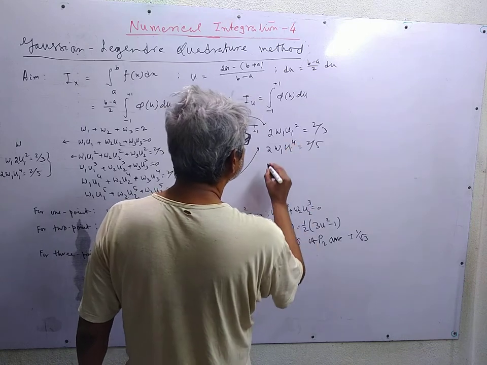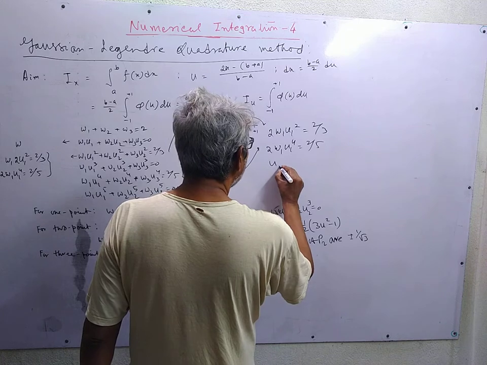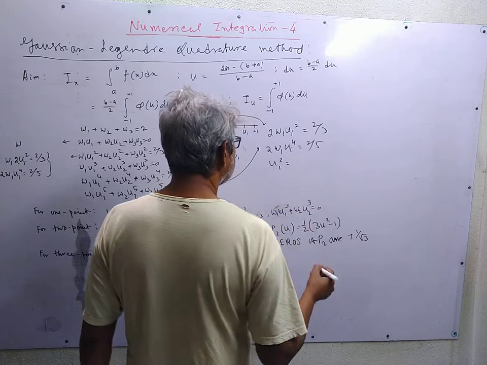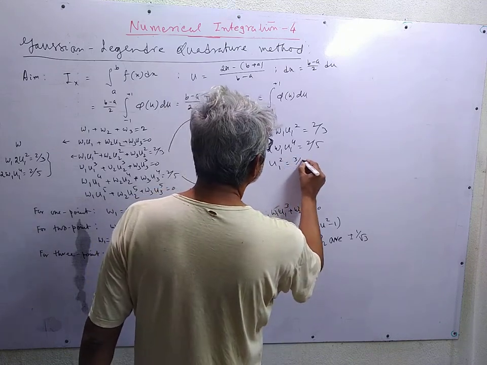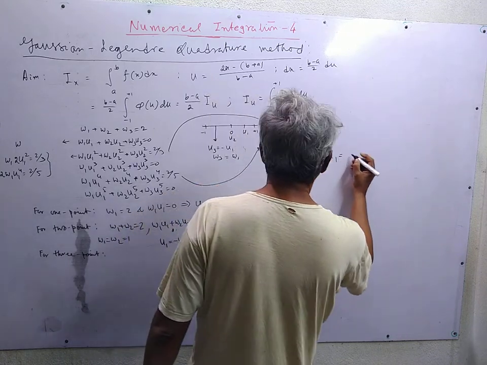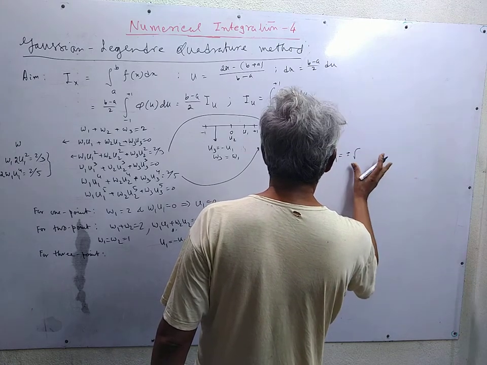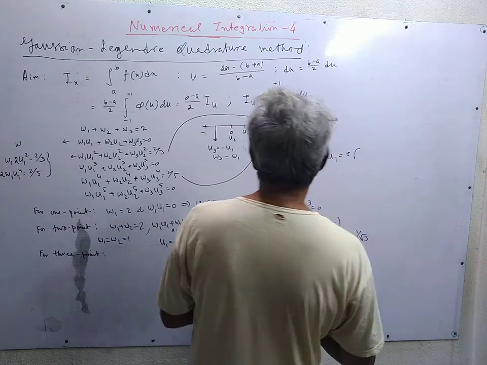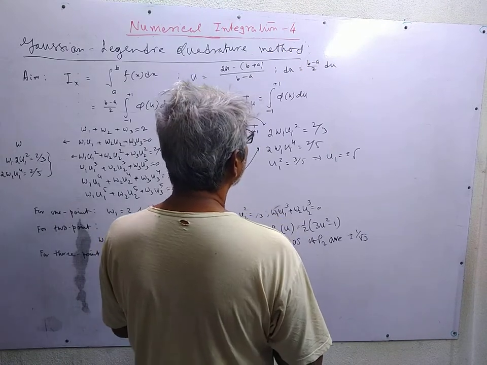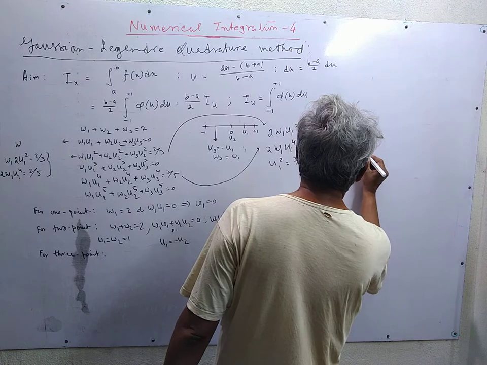If we divide these two equations, we get u1 square is equal to 3 by 5, giving u1 is equal to square root of 3 by 5.